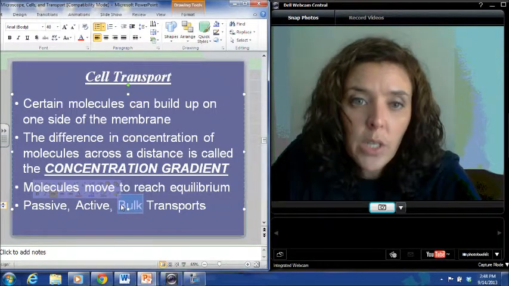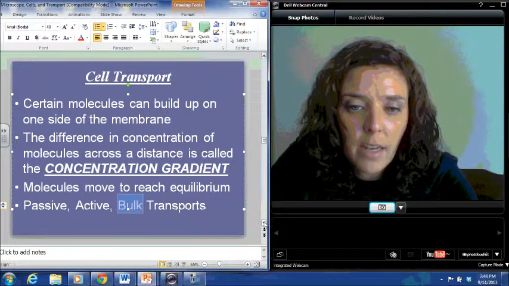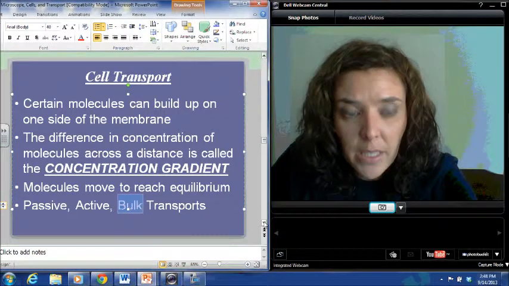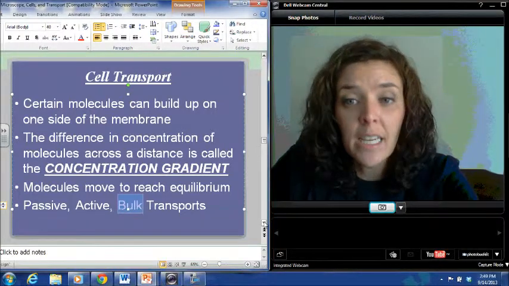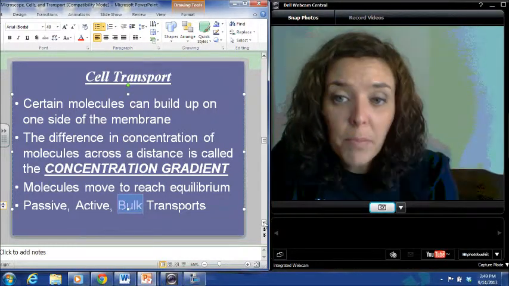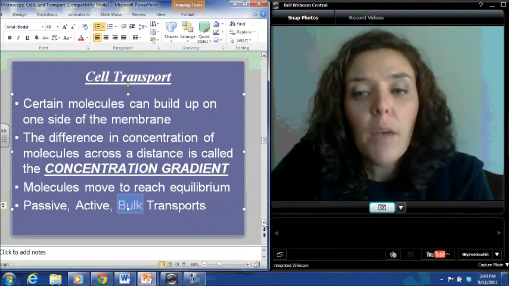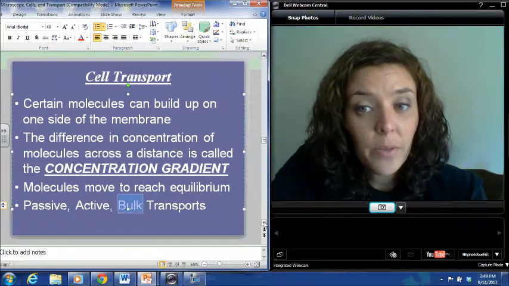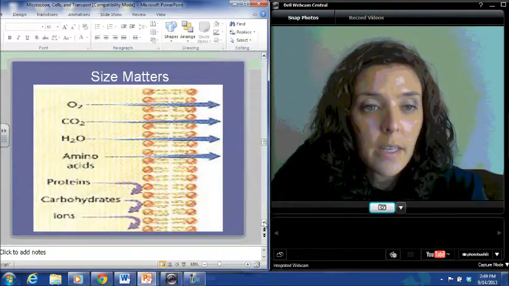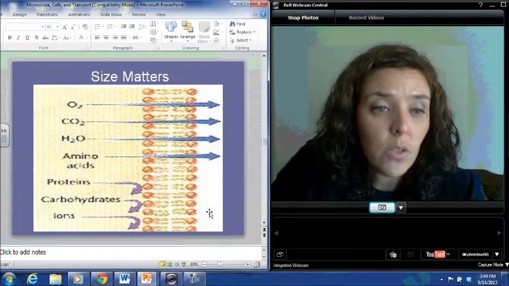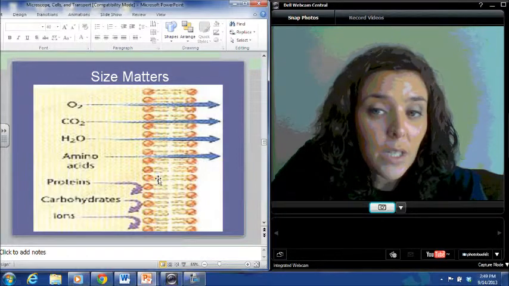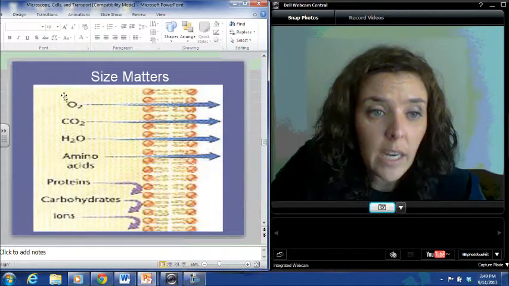So we are going to have separate videos that demonstrate each of the types of transport. And again, we're talking about transport across the membrane. And remember, membranes are made up of phospholipids, but they have proteins scattered throughout to help with that process. One more thing about the membrane is that the size of the molecule can be part of what determines if it can transfer across.